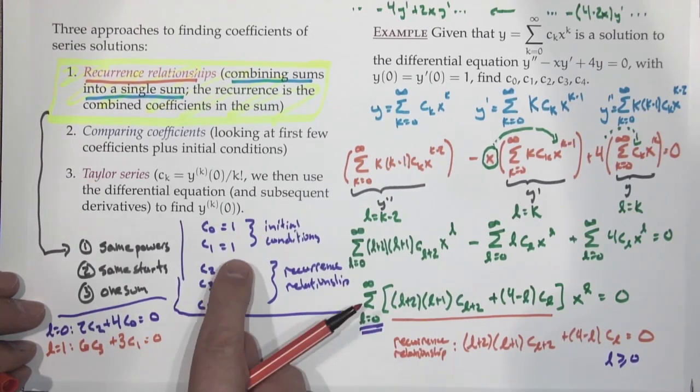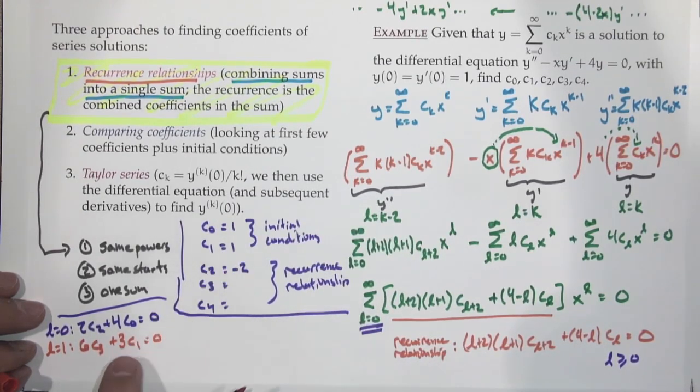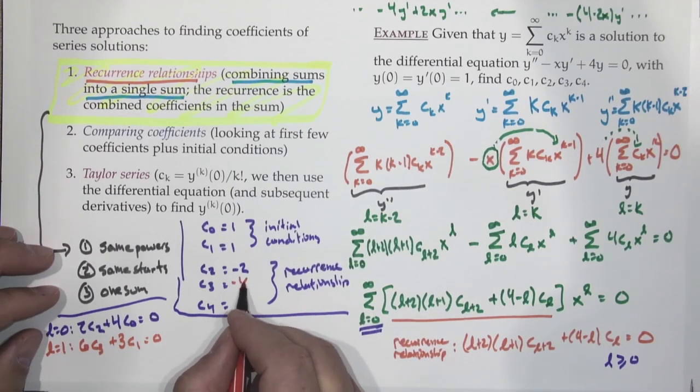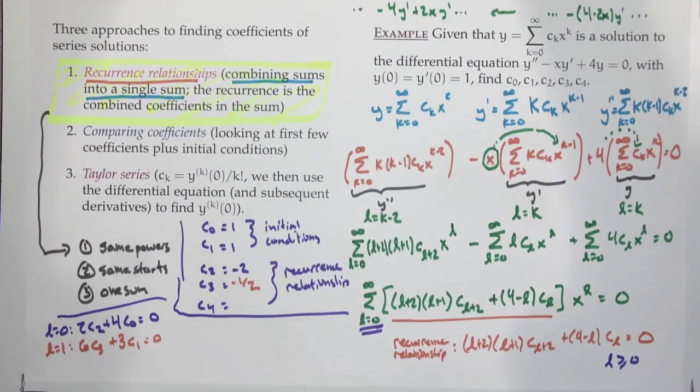But we know C1 is 1. So 6C3 plus 3 equals 0. What does that say about C3? Negative a half.